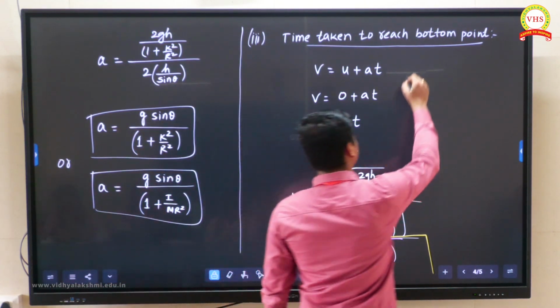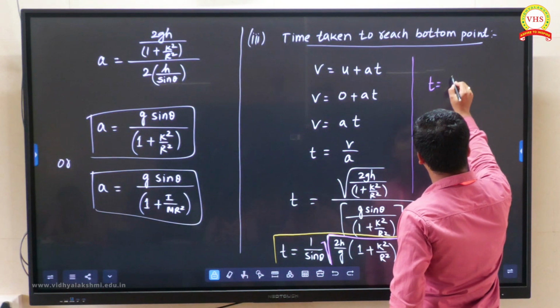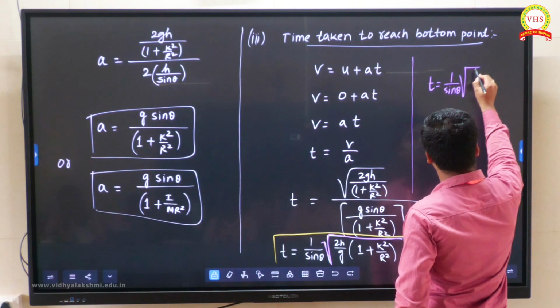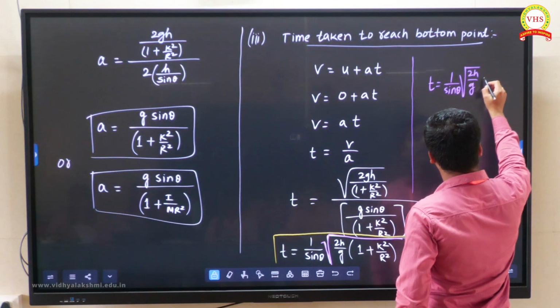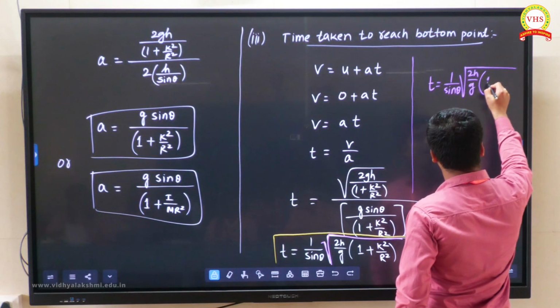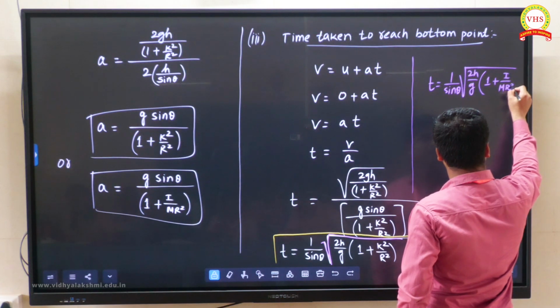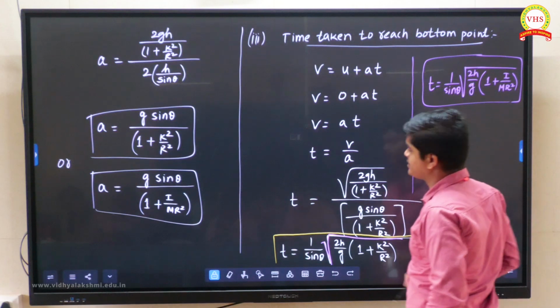Or t also can be written as 1 by sin theta root under 2h by g times 1 plus I by mr square. This also you can write. So anything is fine, no risk, right?